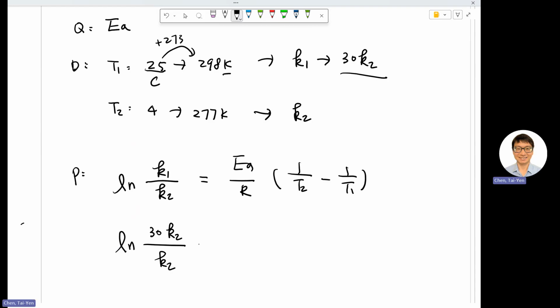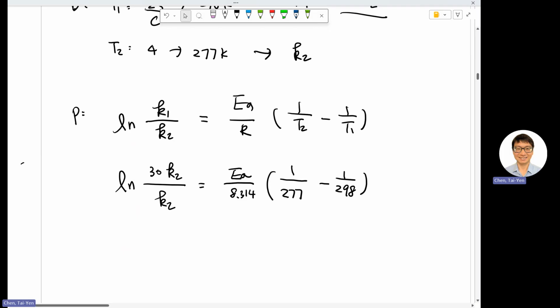EA is the term you want to calculate, R is simply 8.314, T2 is 277, and T1 is 298. Once you come to this point, you realize the value of K2 doesn't really matter because it will cancel out no matter what.